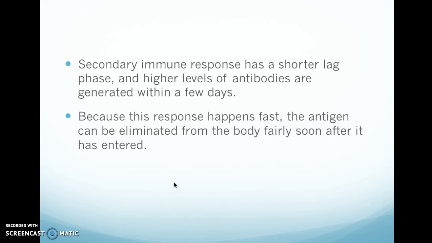The reason that this happens so much faster than the primary immune response is because antigen-specific memory T and B cells were produced during the primary immune response, so it recognizes those things, and those are already in there to help fight it off.